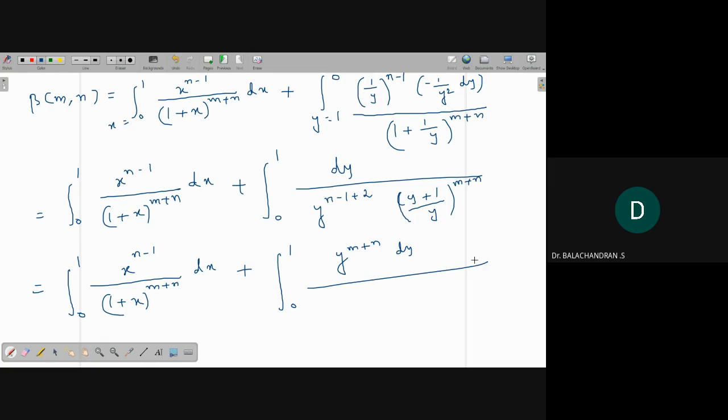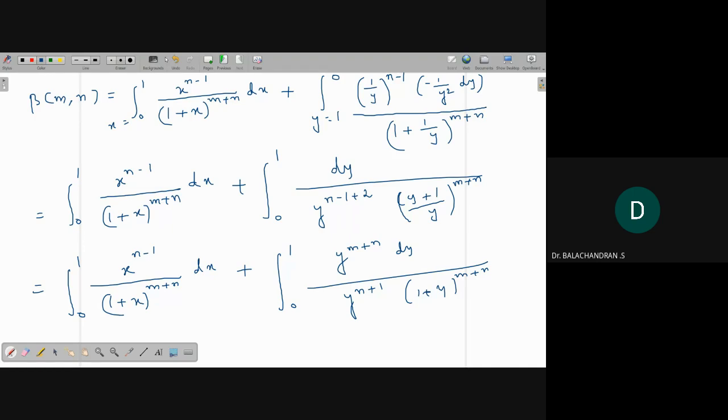The denominator has y power n plus 1 into (1 plus y) whole power m plus n. If you cancel these two terms, the remaining is y power m minus 1 by (1 plus y) whole power m plus n.